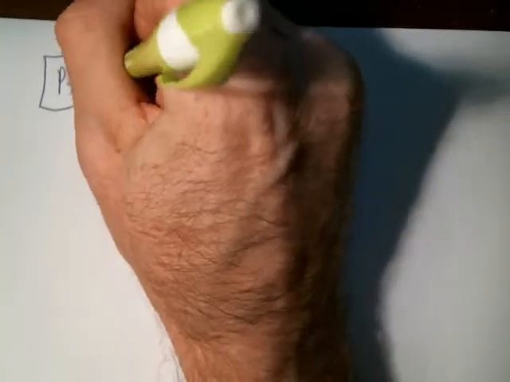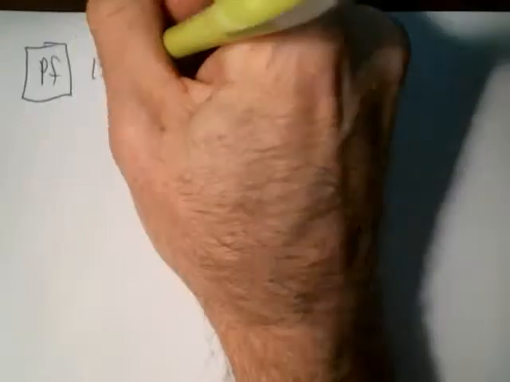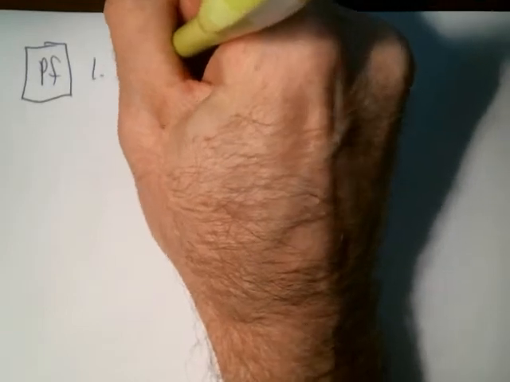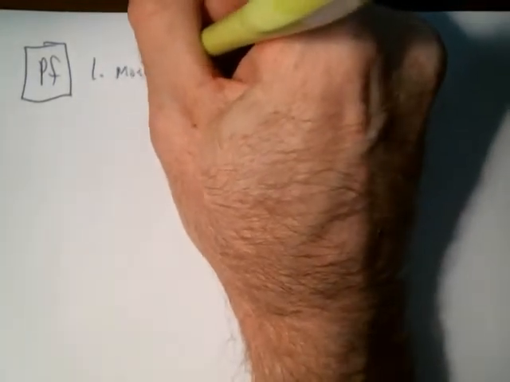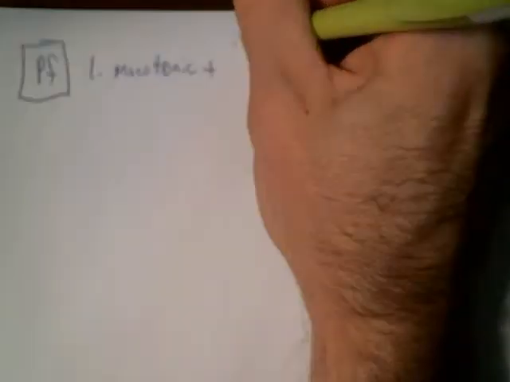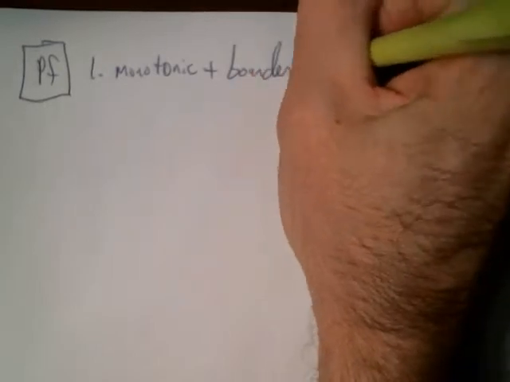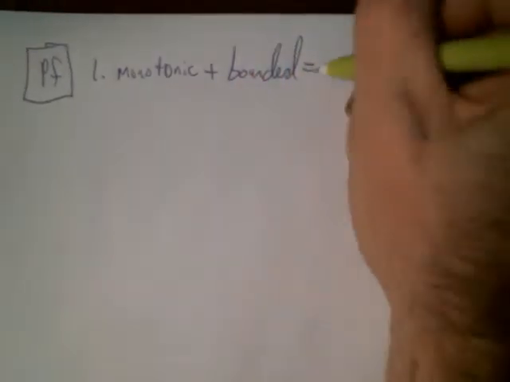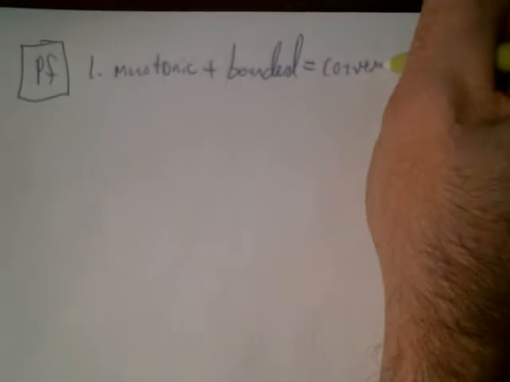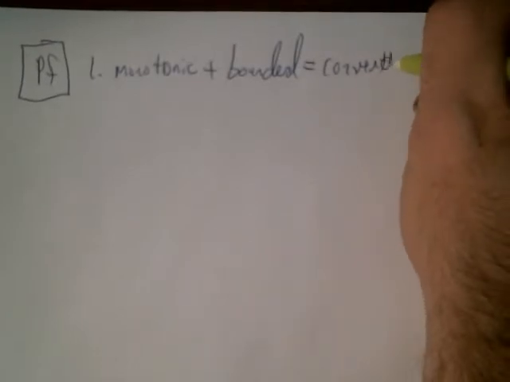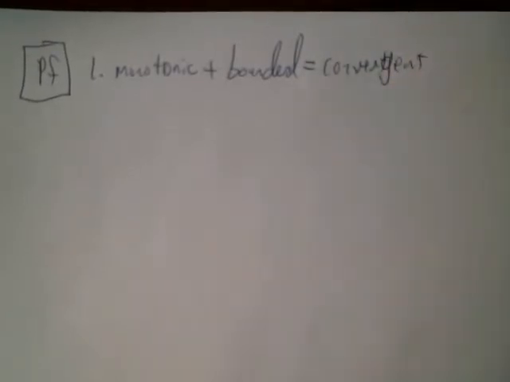The first fact we need to recall is that things that are monotonic and bounded are convergent. This was a theorem from 9.1.